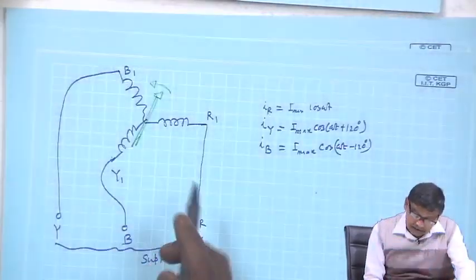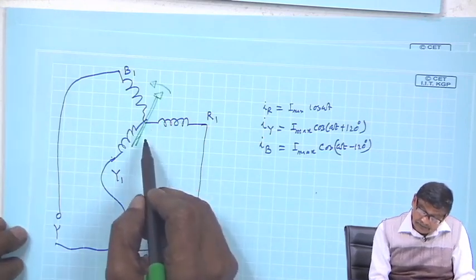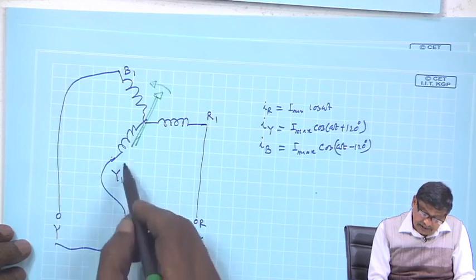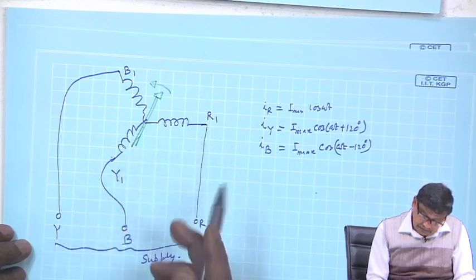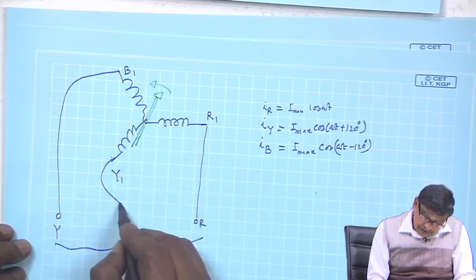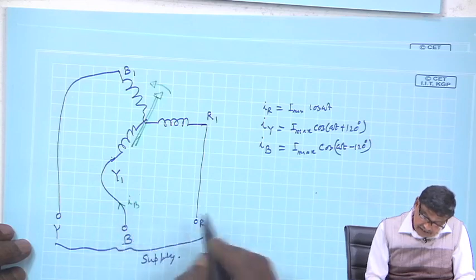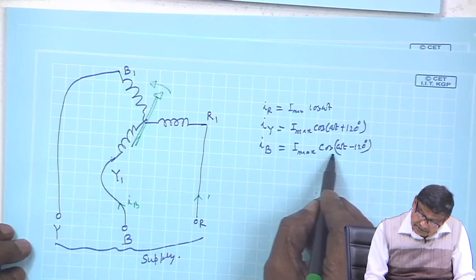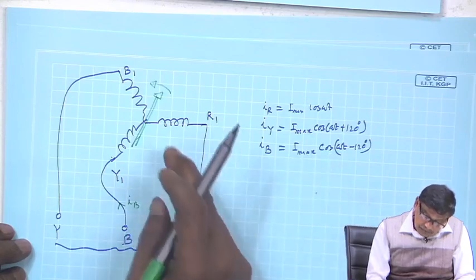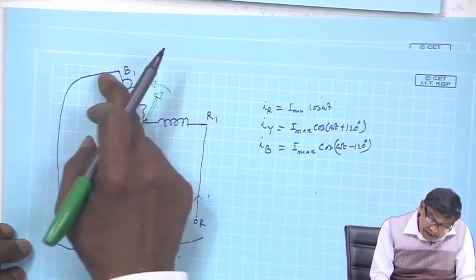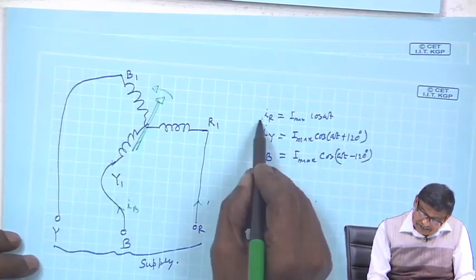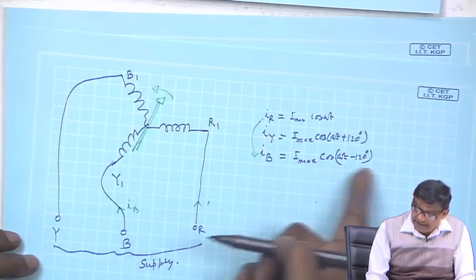So, I R is this, I Y carries a leading current and this is Y. So, this is I R, I B is lagging. So, from R to B it will move, whoever is lagging.